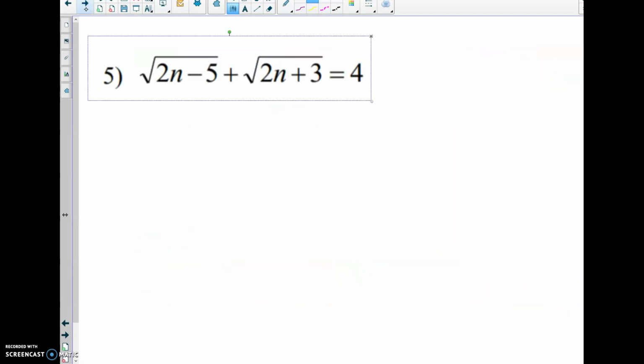Alright, second example here. Let's go through the steps again. So step 1 is isolate one of your radicals. So let's move this radical to the other side.